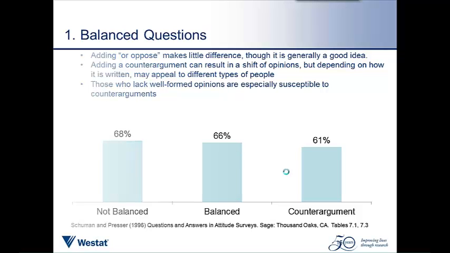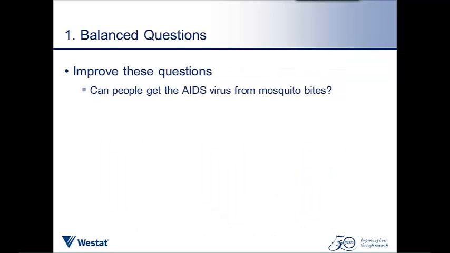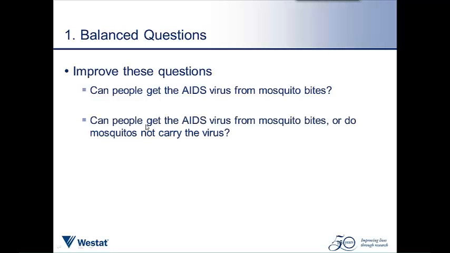So I thought we could maybe work a little bit together on trying to improve some questions. I think you all got the slides already, so you can see what my suggestions are for improving these questions. For this first one, I said, can people get the AIDS virus from mosquito bites? This is an opinion question, and you're really only presenting the one side of the issue.